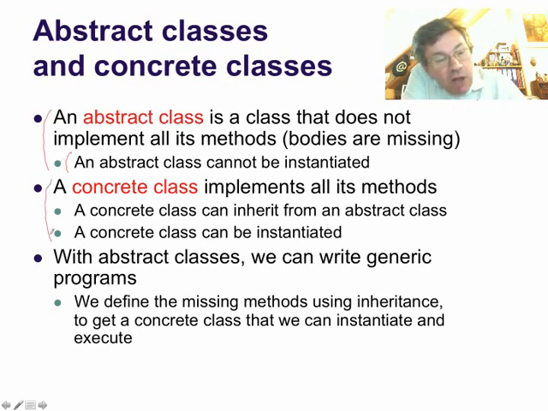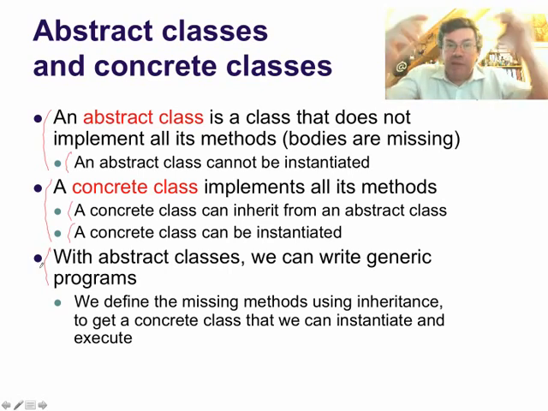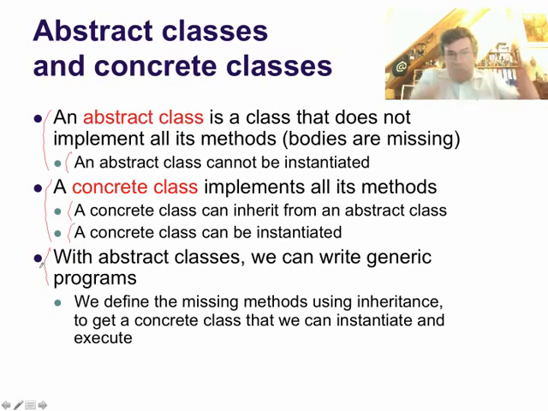We have, in contrast to that, a concrete class, which is the usual class that does implement all its methods. It may inherit from an abstract class, and of course it can be instantiated. With abstract classes, we can write generic programs. We can have a program with a missing method, and then we add the code of the method, and using different cases of inheritance, we can have different methods added.